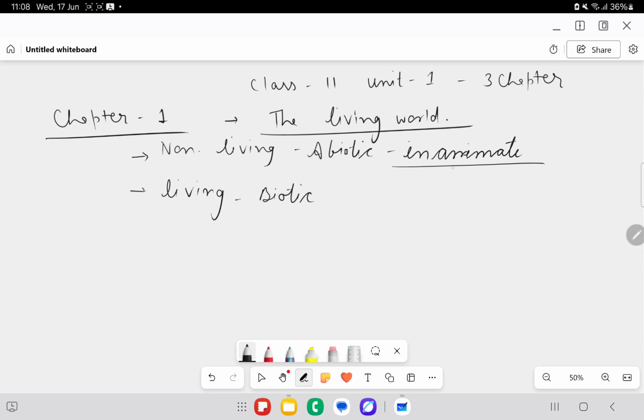This is the term for non-living things in NCERT.